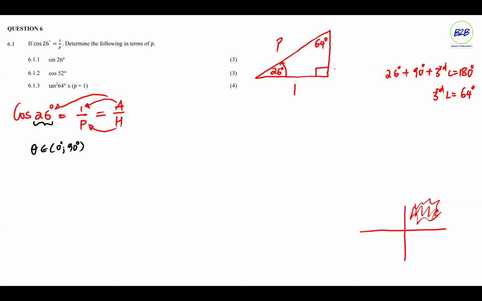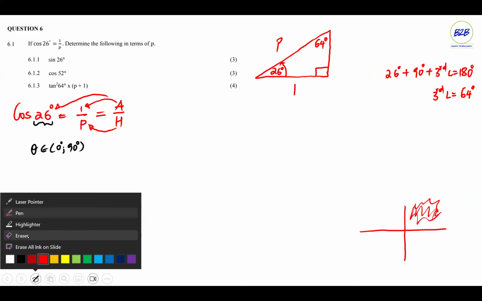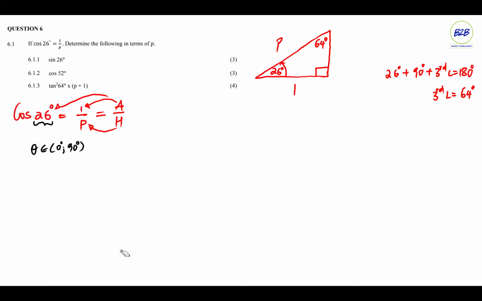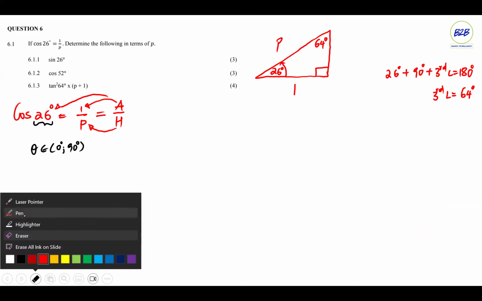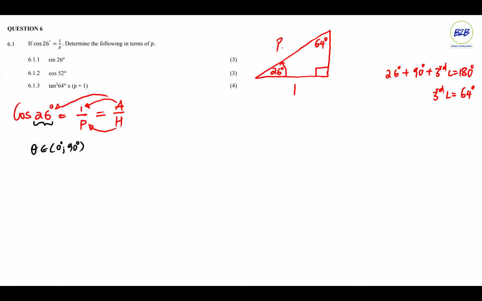And we have a missing side, as always, and we have to determine that missing side now, which is the vertical side. In this case, we don't know the value of p, and we don't have to have the value of p. We just have to express that third side in terms of p.